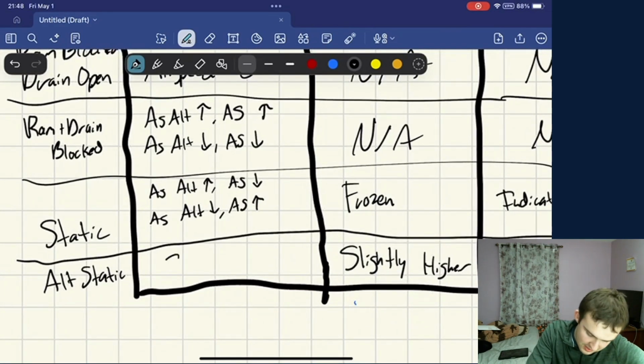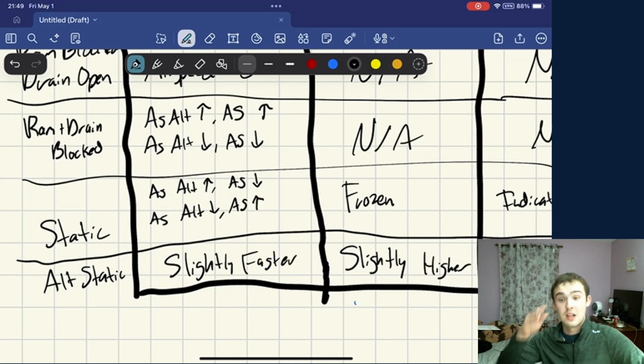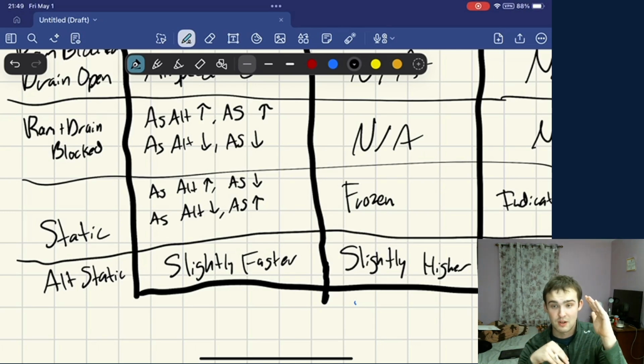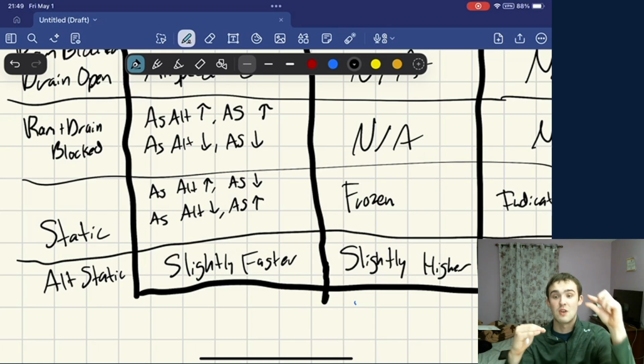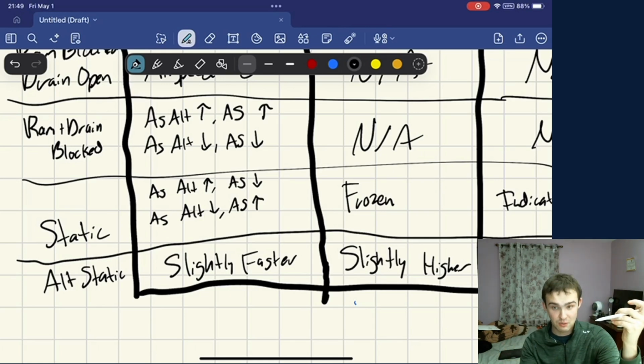And our airspeed is going to read slightly faster. Because the static pressure is lower inside of the cabin than it was on the outside, there's now a greater pressure differential. The ram pressure stayed the same, but the static pressure has dropped slightly. So our airspeed is going to read slightly faster than it would under normal static.